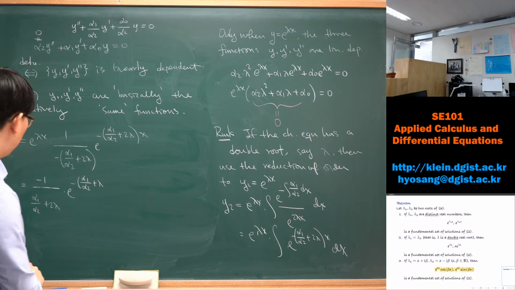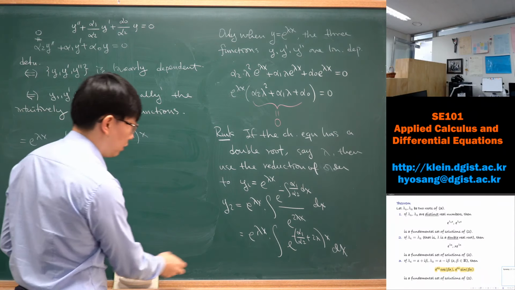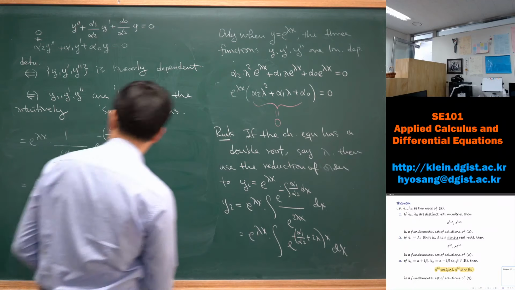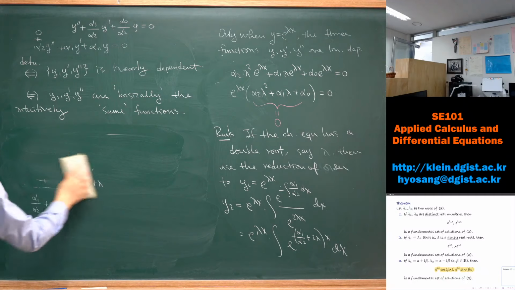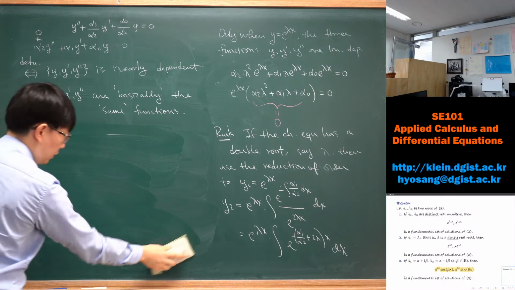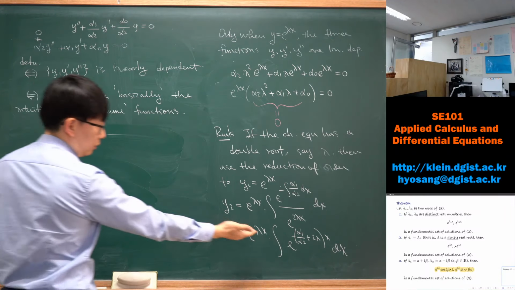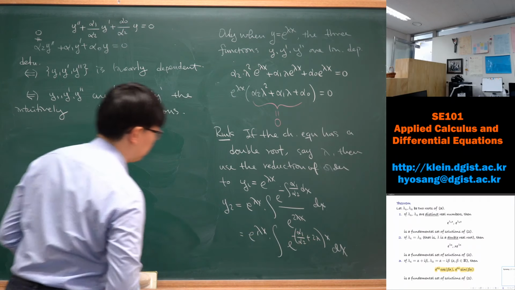Oh, I'm sorry. Before I actually do this, I have to check that this is not 0, because I cannot take an integral with a 0 denominator. So let's look at this exponent here.